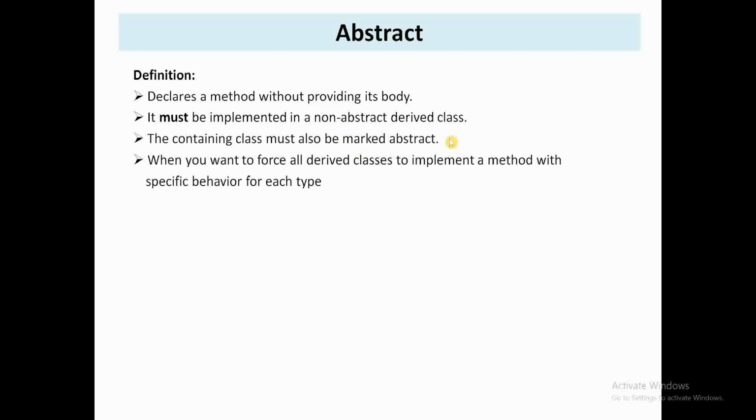When you want to force all derived classes to implement a method with specific behavior for each type, if we want to put some logic into our multiple derived classes, we can do it with the abstract keyword, where we provide specific logic for particular derived classes.